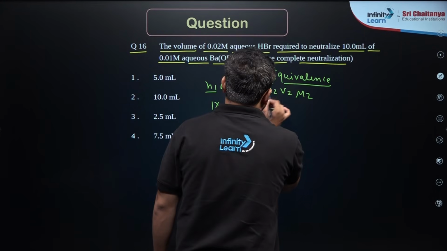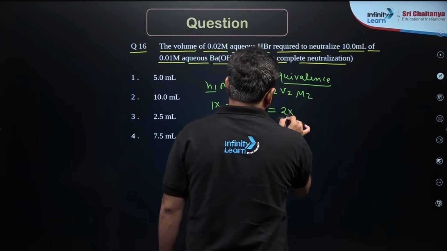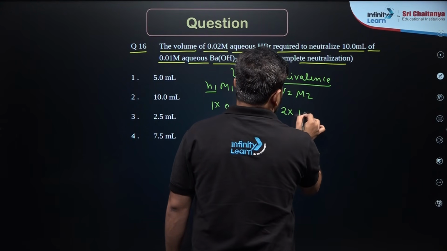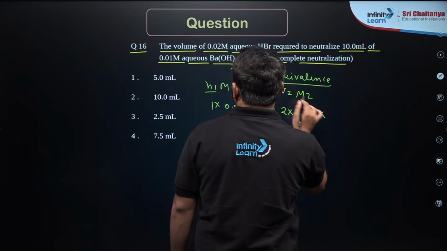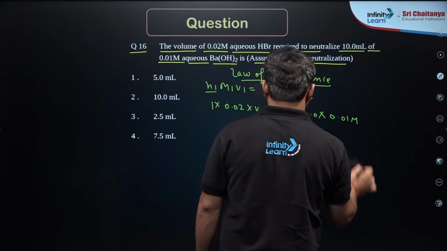And now if we write the N2, it will come 2 only. Volume is given 10.0, and M2 is also given for this one, 0.01 M, right?